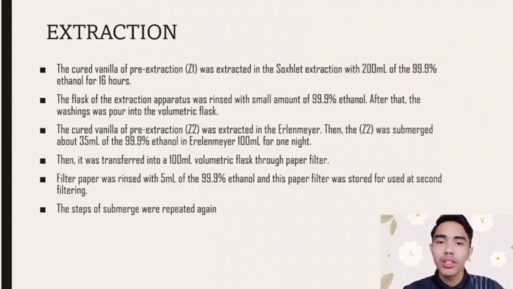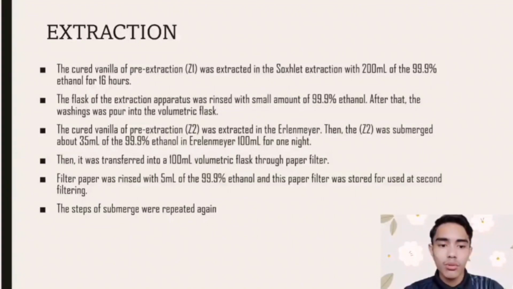Now we go to the extraction. Firstly, the cured vanilla of pre-extraction Z1 was extracted in the Soxhlet extractor with 200 ml of 99.9% ethanol for 16 hours. Next, the flask of the extraction apparatus was rinsed with a small amount of 99.9% ethanol. After that, the washings were poured into the volumetric flask. The cured vanilla of pre-extraction Z2 was extracted in the Erlenmeyer flask.